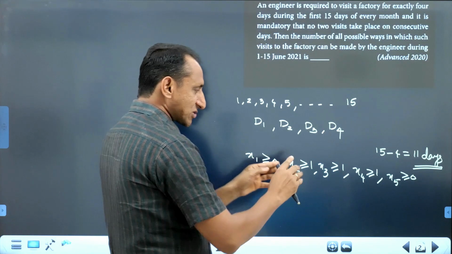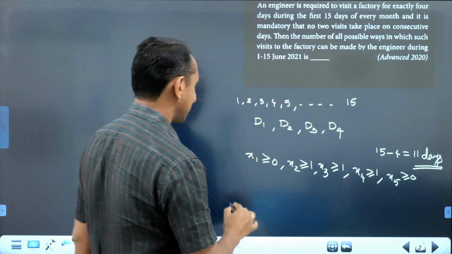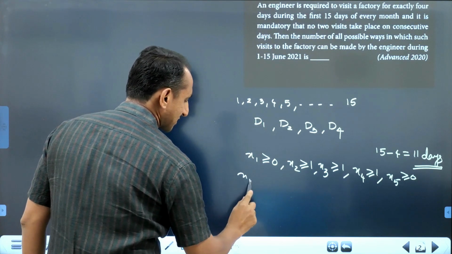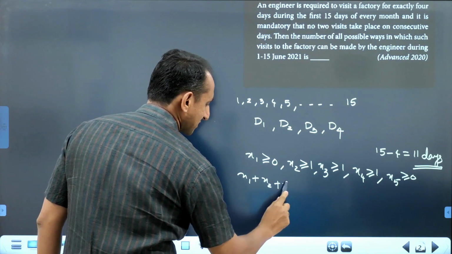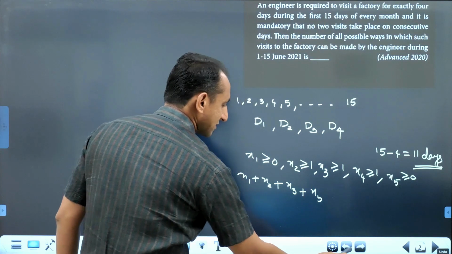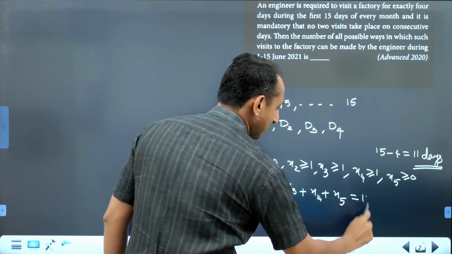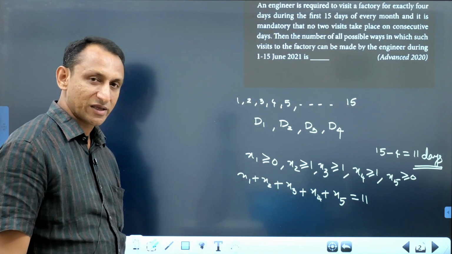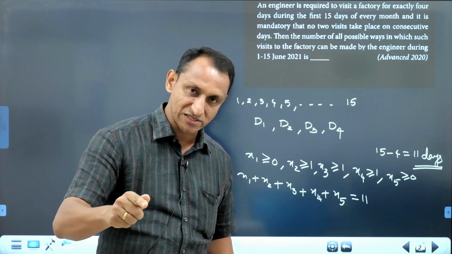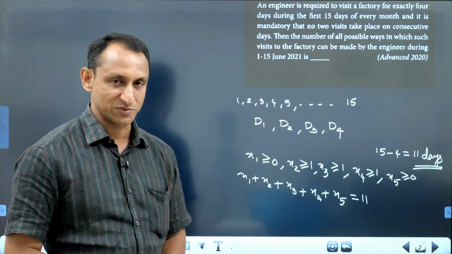These x1, x2, x3, x4, x5 are numbers of days, so x1 plus x2 plus x3 plus x4 plus x5 is equal to 11. Total 15 days, 4 days are taken for visits, the remaining 11 days can be divided in these ways.